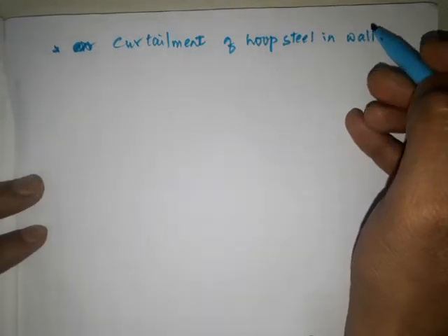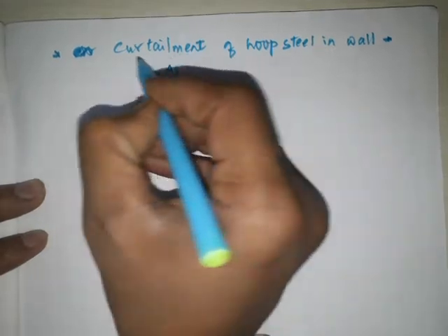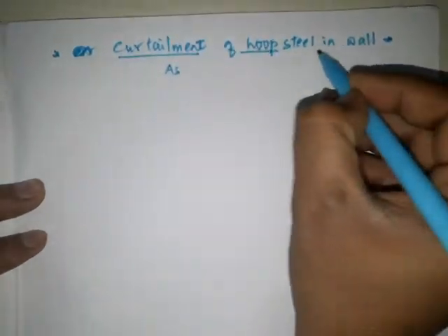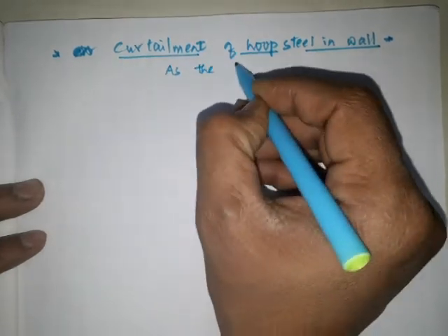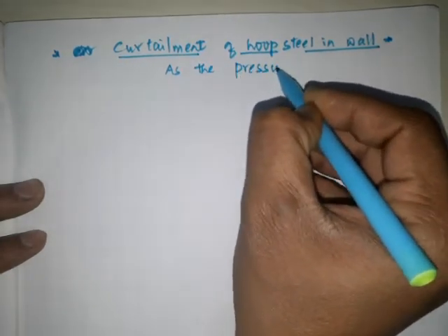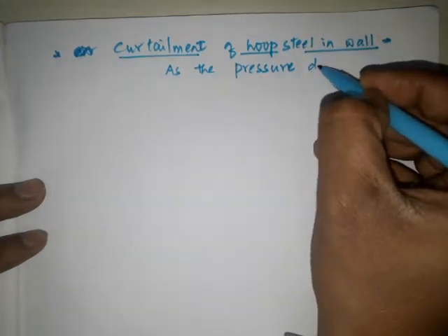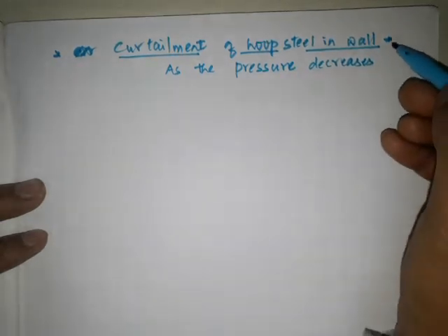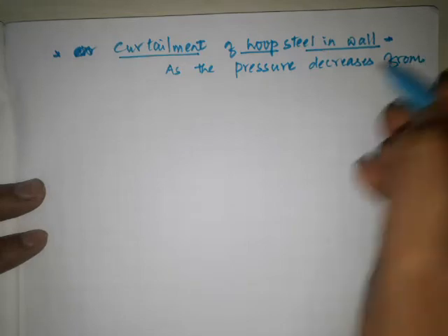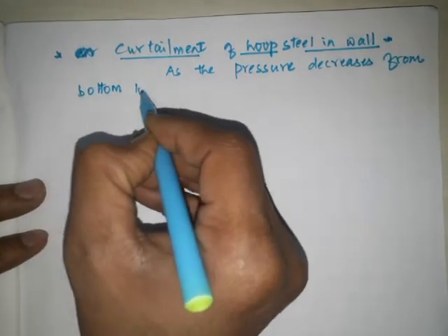So why we have to do the curtailment here, I will write as: curtailment of hoop steel in wall, as the pressure decreases from bottom to top.